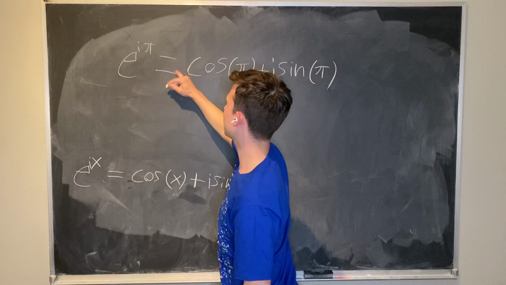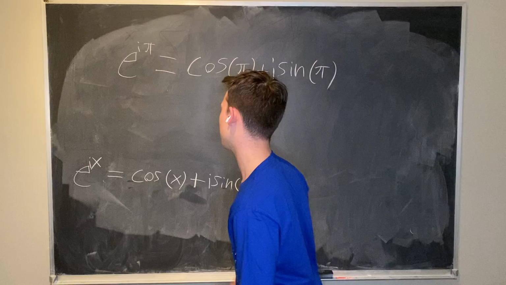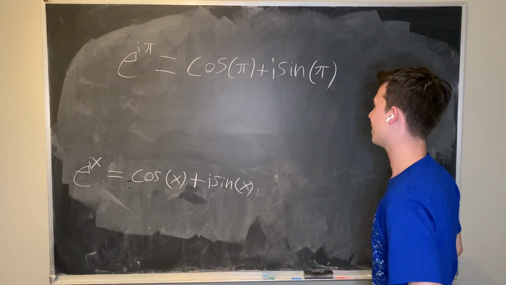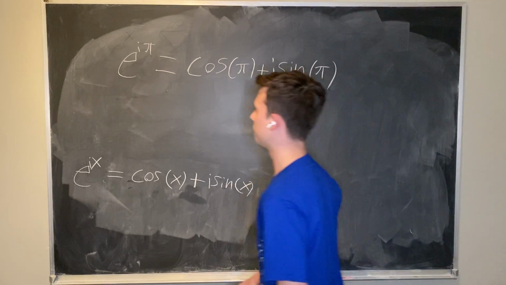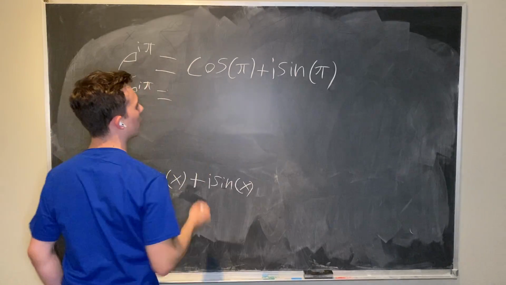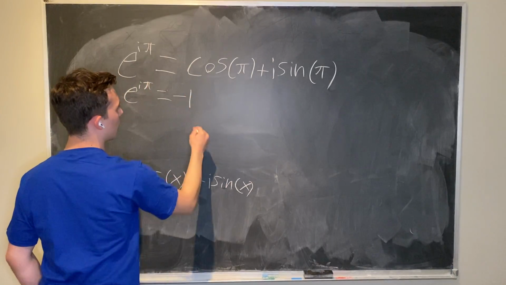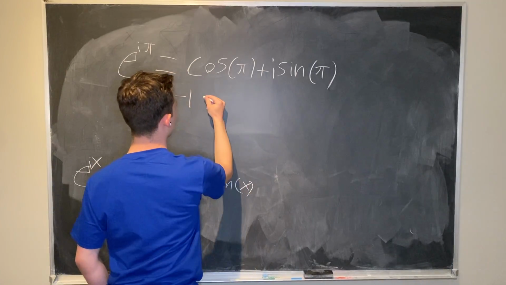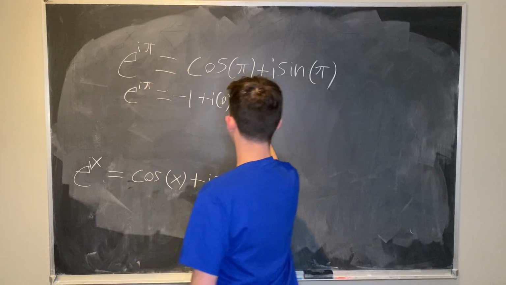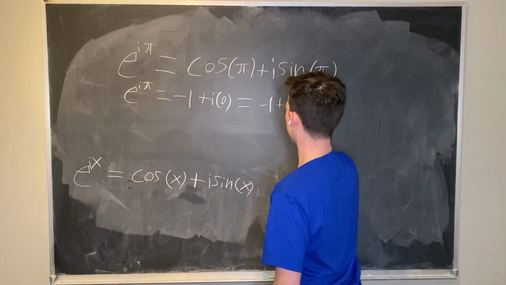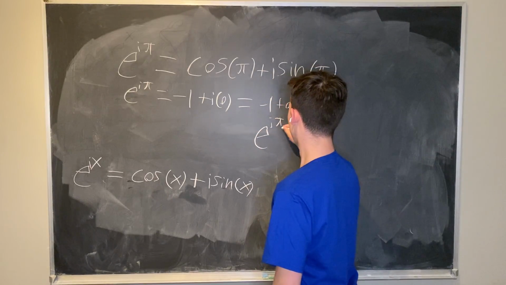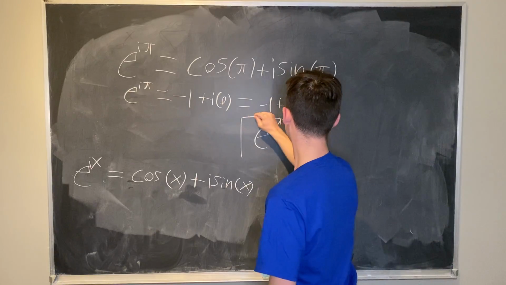Great, so we've reduced this seemingly non-trivial problem to a quite trivial one where we just take the cosine of pi and the sine of pi and multiply the sine of pi by i. So the cosine of pi is -1 and the sine of pi is 0, plus i times 0. Well, i times 0 is 0. -1 plus 0 is equal to -1. So e to the i pi is equal to -1.